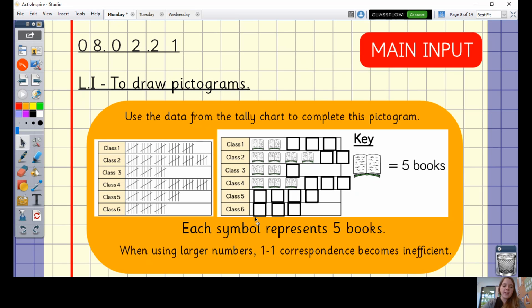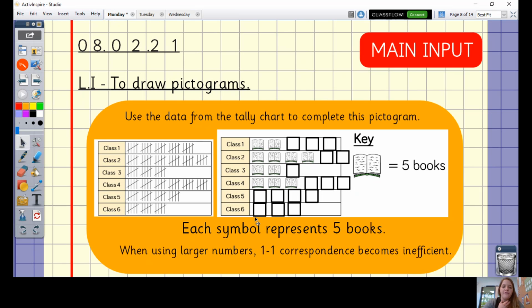Okay, so thinking about when we would need a symbol to represent 10 items. Well, when we're collecting data using larger numbers, so thinking about maybe data using 50, or something like that, one-to-one correspondence becomes inefficient. So that means that if my symbol were only to represent 1, that would take me a really, really long time to complete my pictogram.